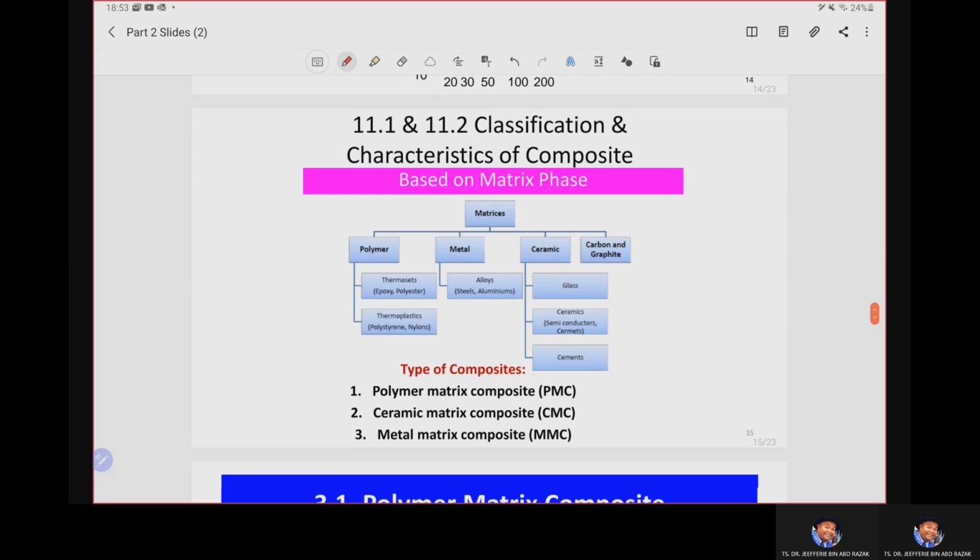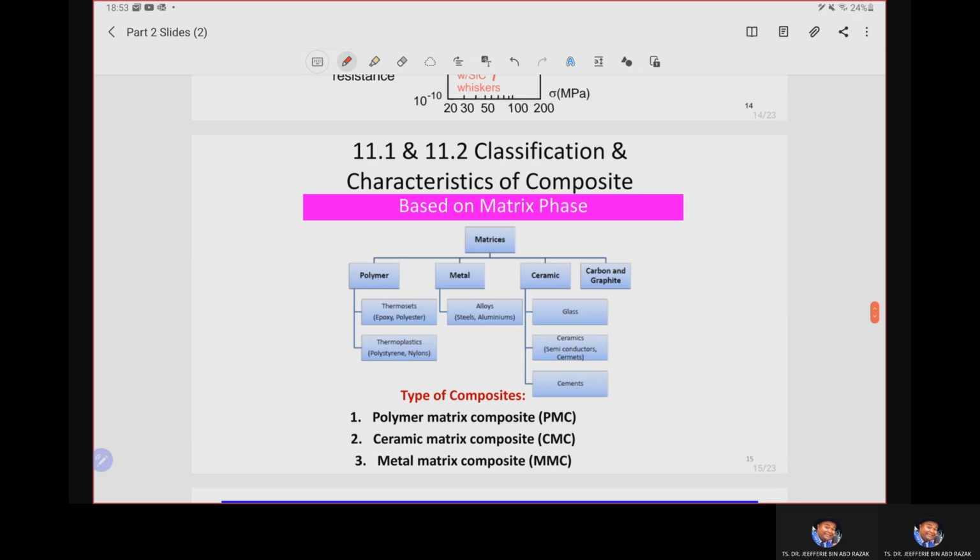So we have completely covered the first classification strategy of composites based on the type of disperse phase, which are the particulate, the fibers, and the structural types of composite. Next, an important way to classify composite material is based on their matrix phase.